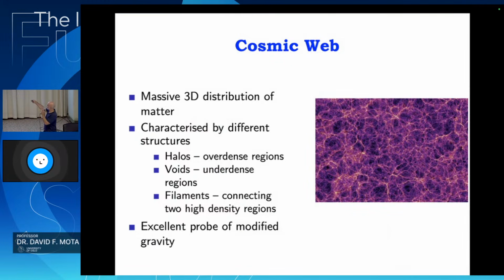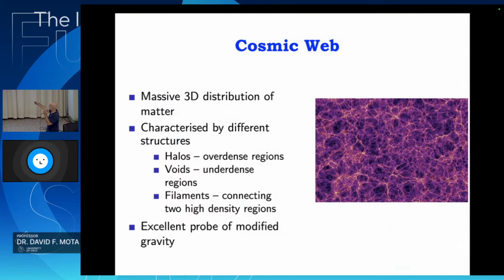We have voids, so we have underdense regions, where there's almost nothing, so the density in voids is below the critical density of the universe. And then you have filaments, which usually are structures that connect, for instance, dark matter halos, these very overdense regions. And all these three types of structures are very promising probes of modified gravity.